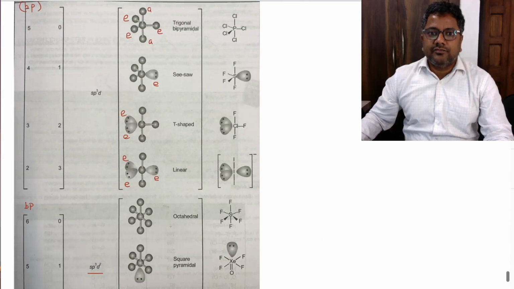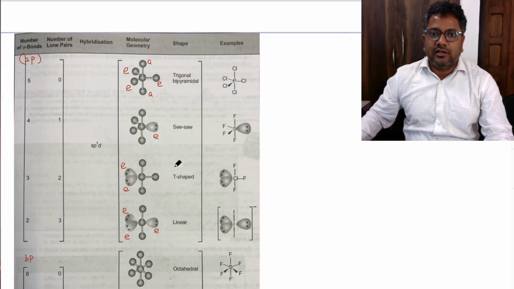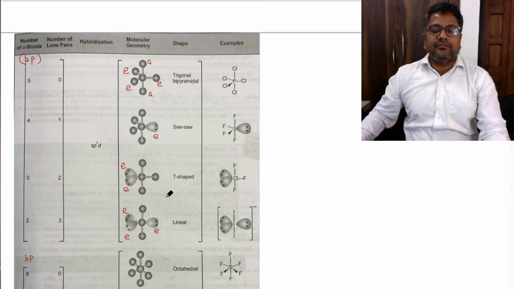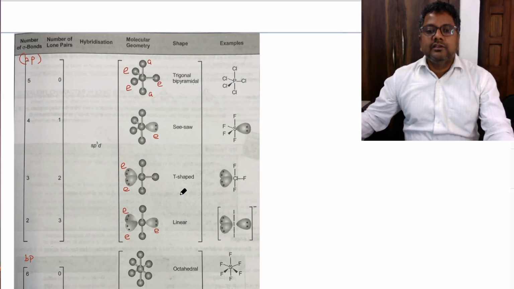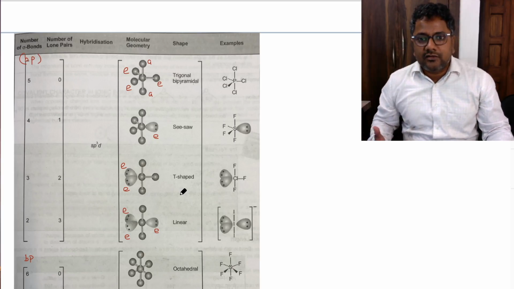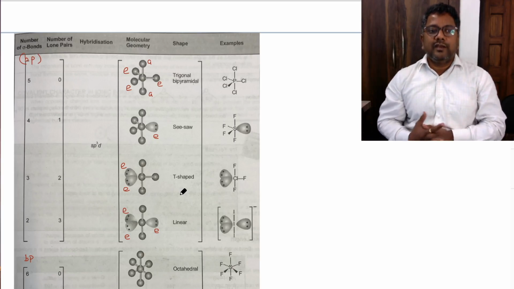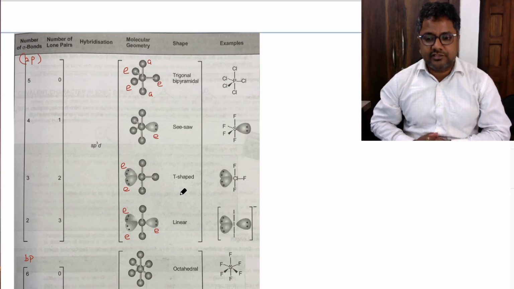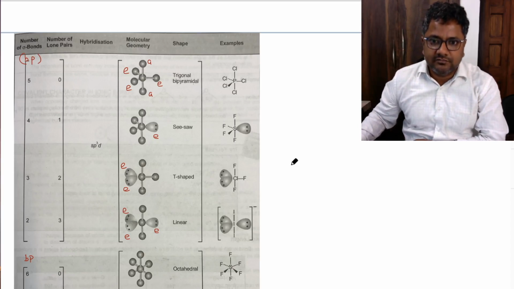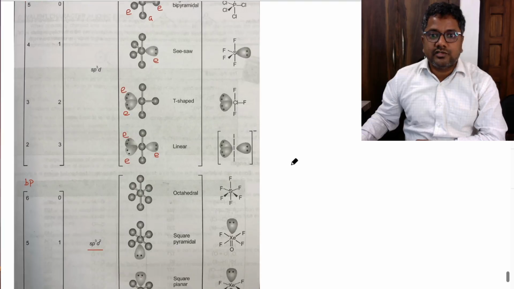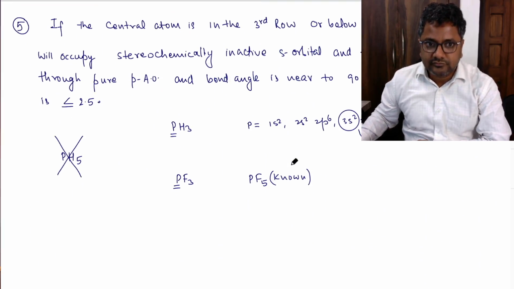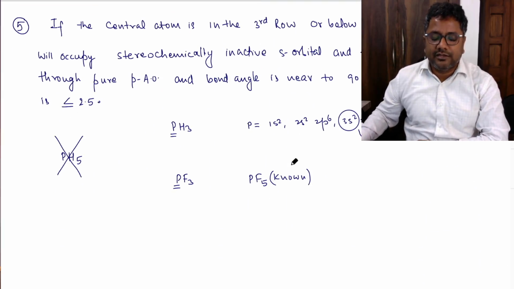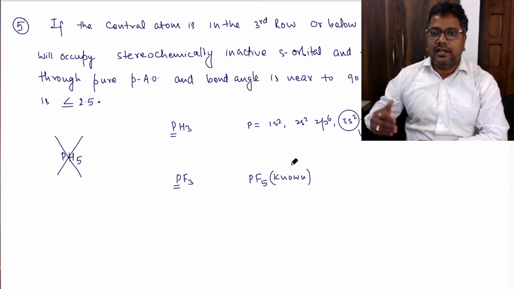Now you can see from VSEPR that molecules may have different shapes, departing from their ideal geometries if lone pairs of electrons are present. Now I will discuss some typical molecules related to the VSEPR model and hybridization.